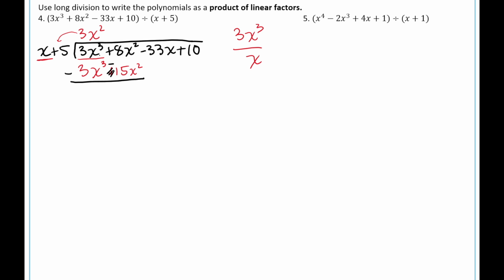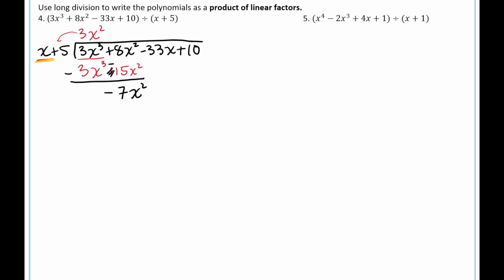Let's go ahead and do that. 3x cubed minus 3x cubed is 0. And 8x squared minus 15x squared is negative 7x squared. So this 0, I don't really need it. I'm going to go ahead and erase it. And now we start again.